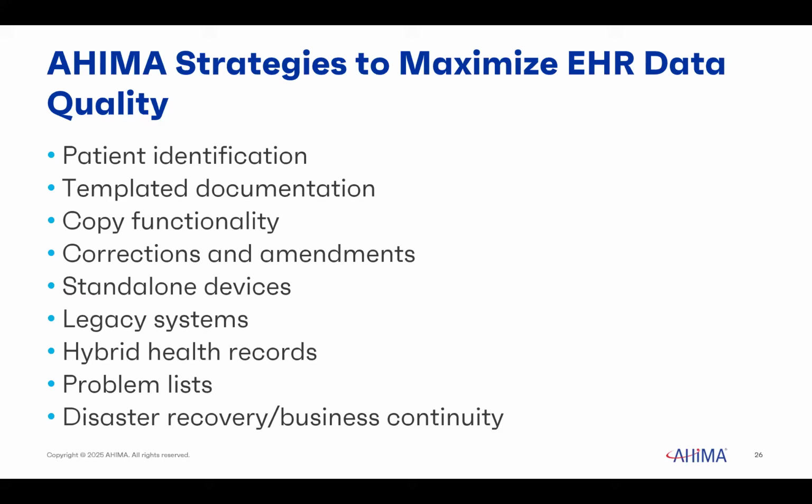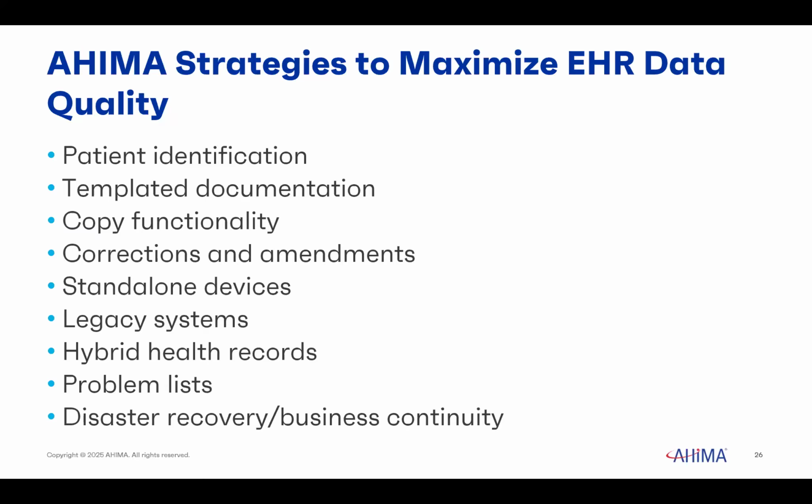The copy functionality. Many times people like the idea of doing electronic copy and paste. It may not be the best idea because it can lead to people acting on information that's no longer accurate and relevant.